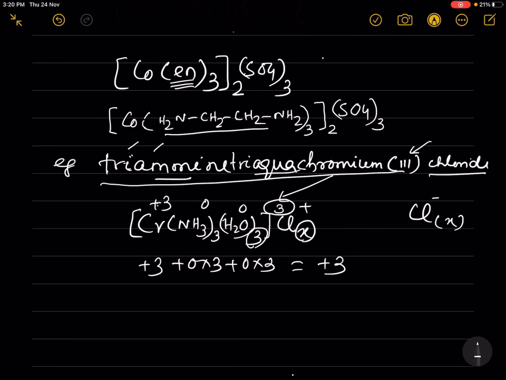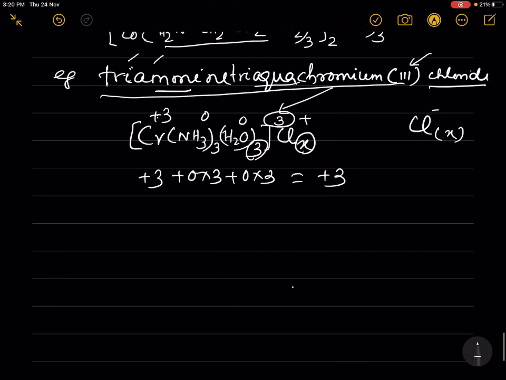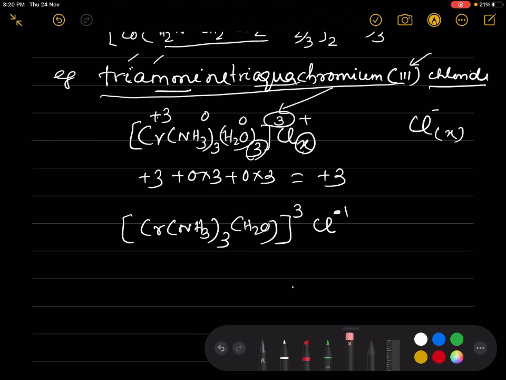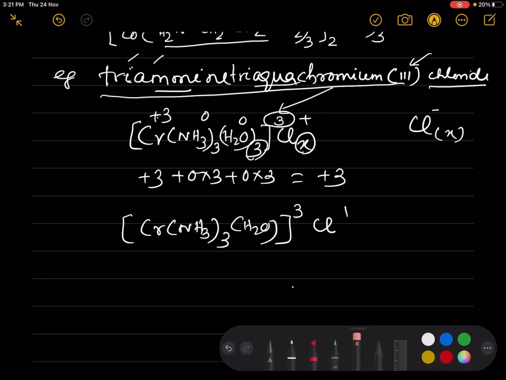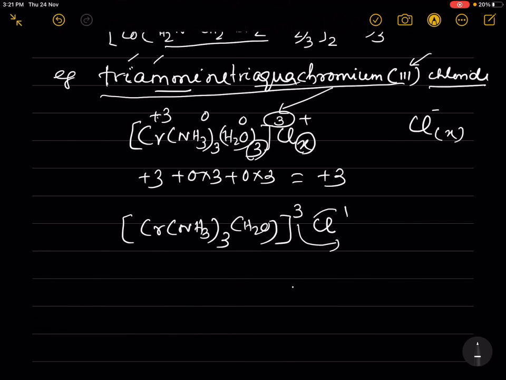We can do it in another way. [Cr(NH3)3(H2O)3], then this is 3 plus and for this it is 1 minus. So we can do one thing: this 3 can be written over here and this 1 can be written over here. [Cr(NH3)3(H2O)3], no need of writing 1, then Cl3.